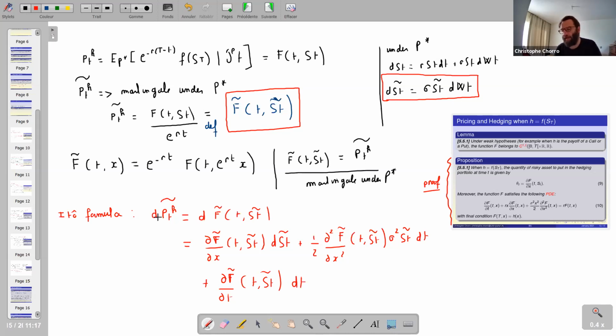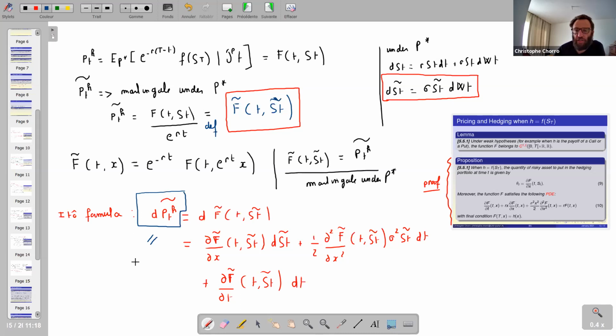It implies that we have the following equality: this quantity here is also equal to the following one.